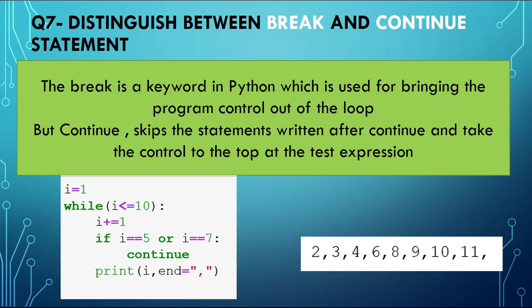Now 6 is not equal to 5 or 7, so it will not continue, so it will print 6, and the moment i plus equal to 1 makes it 7, the continue statement will come and move the control back to i less than equal to 10. So in this way you can see that 5 and 7 are not printed, and all the rest of the numbers are printed.